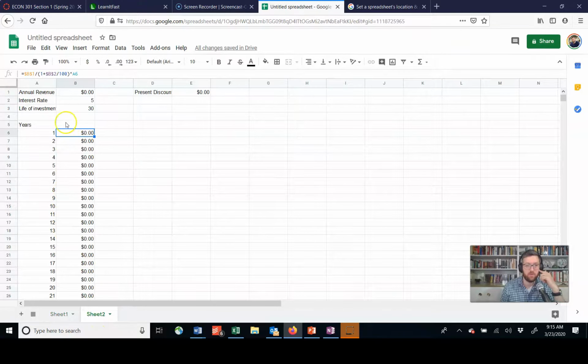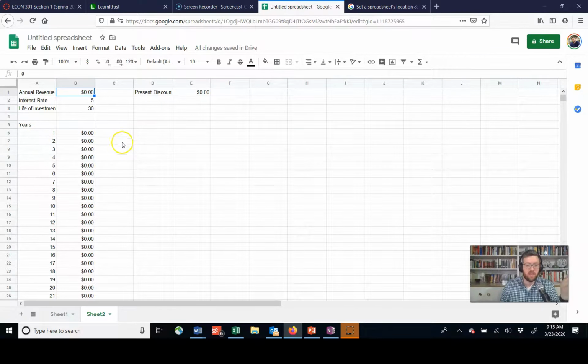Now we're doing the reverse. We say, this is money that I'm going to save in the first year, or that this investment is going to give me a stream of income in the first year. And I'm dividing it by 1 plus the interest rate, that's B2, raised to the power of whatever the number of years is that I have to wait to get that money, okay?